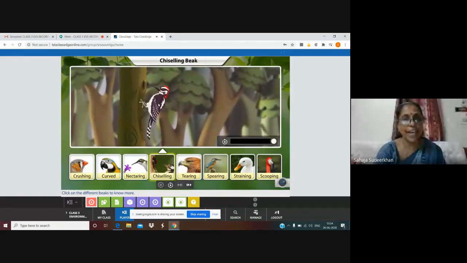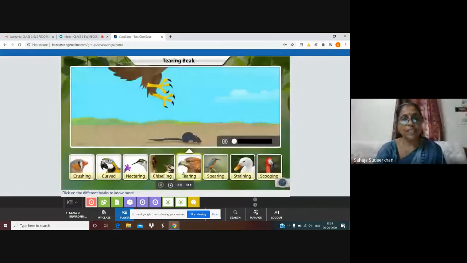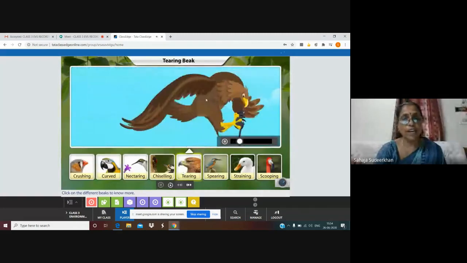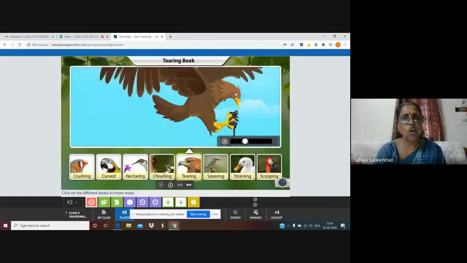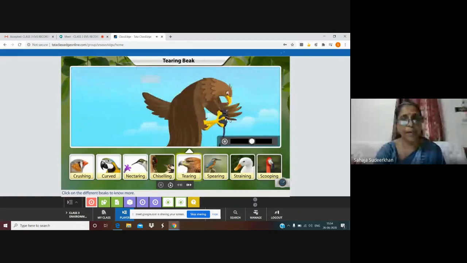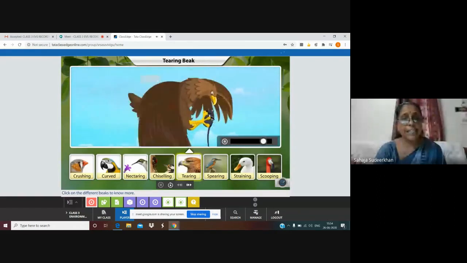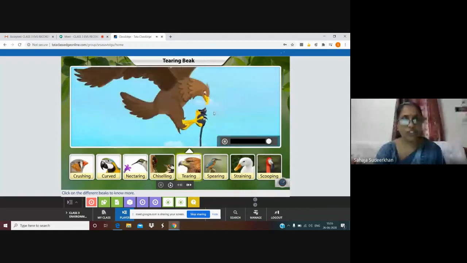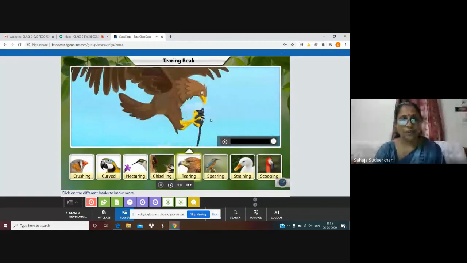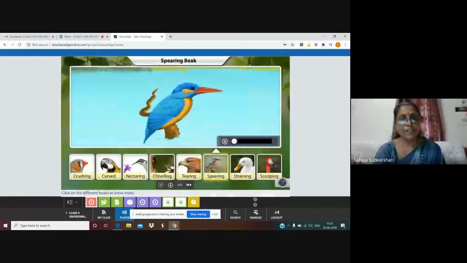It likes to eat juicy insects. Birds of prey have strong, pointed, curved beaks to catch their prey and tear its flesh. This is a kingfisher. It has a spear-like longish beak to take the fish.